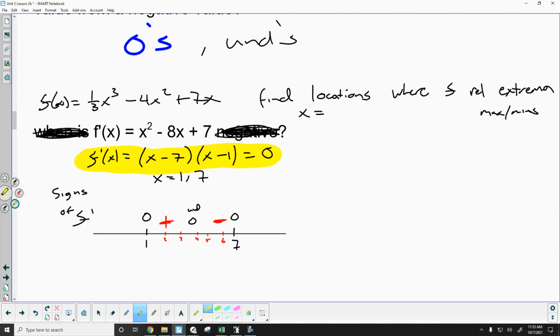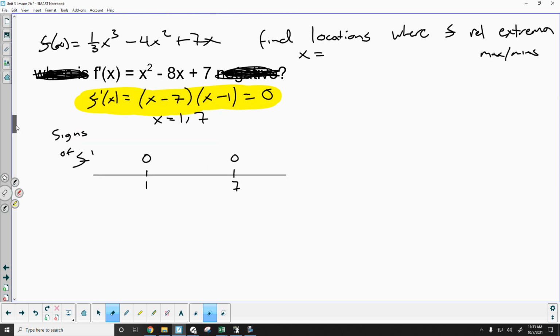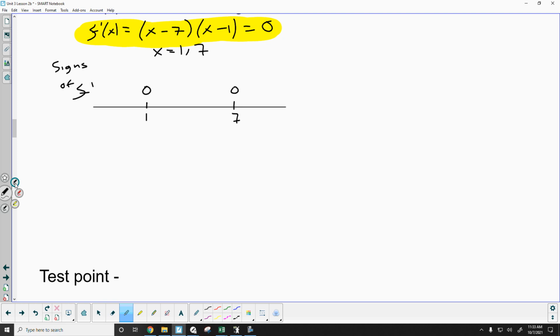I've exhausted all of them. There are only 2 zeros. So this is going to be very helpful. If I've exhausted all of my zeros and my undefined, the signs of whatever you're looking at, let's just say f prime, will be consistent in intervals.